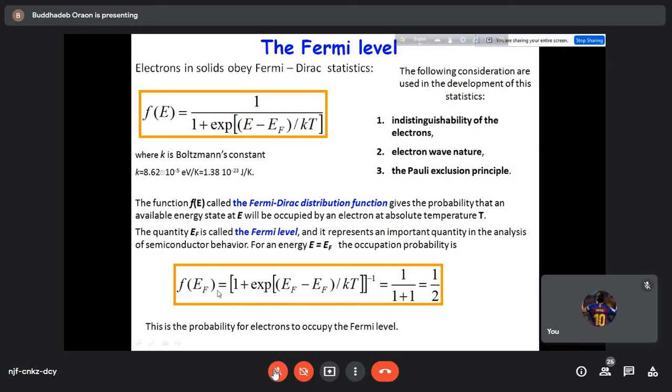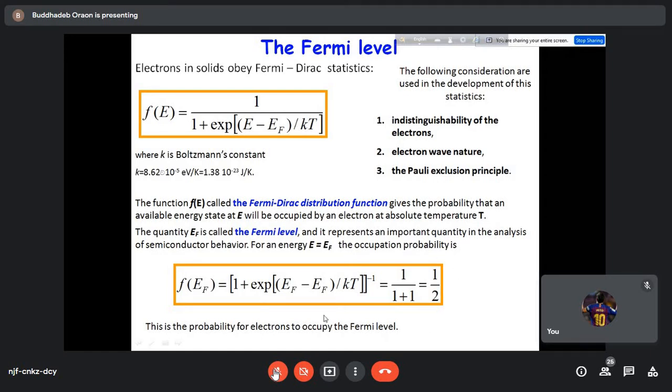So for the Fermi energy level, if we write the energy level of an electron as equal to EF and replace it in this equation, we get a value of half, or 50%. This indicates that the probability of our electrons occupying the Fermi energy level is 50%.